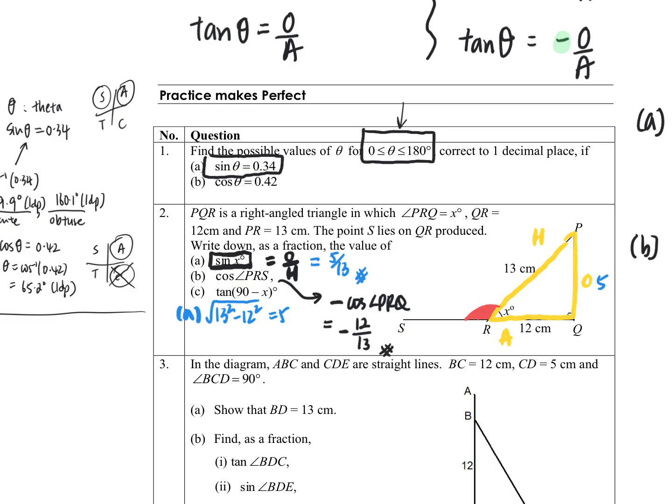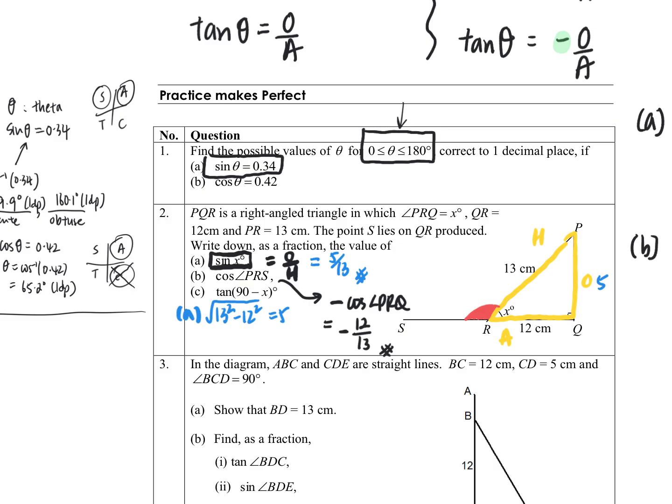So cosine 150 is equal to negative cosine 30. Just add the negative sign in. Essentially, they are all root 3 over 2, but if you go into the second quadrant, there is a negative sign in front of it, that's all.